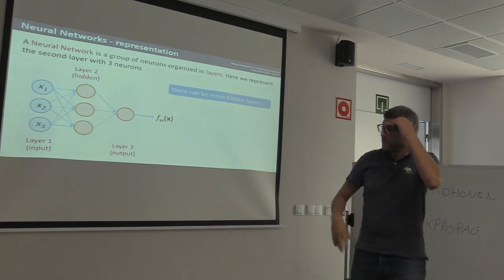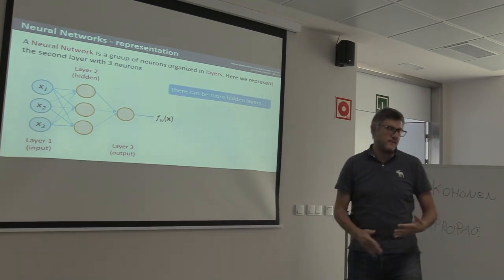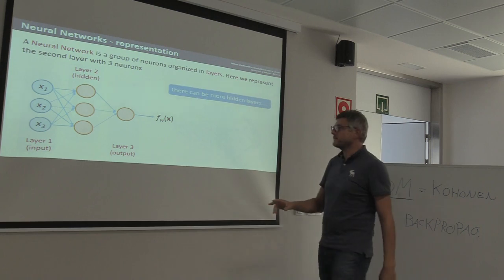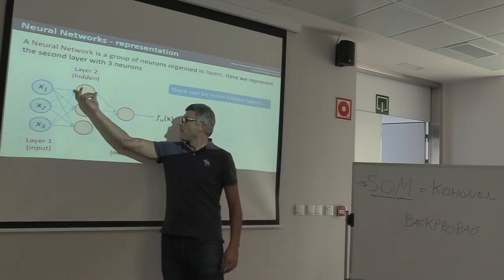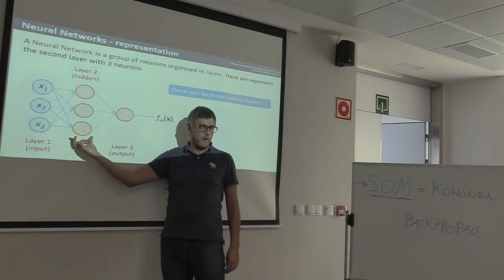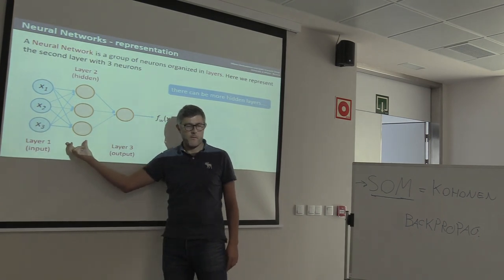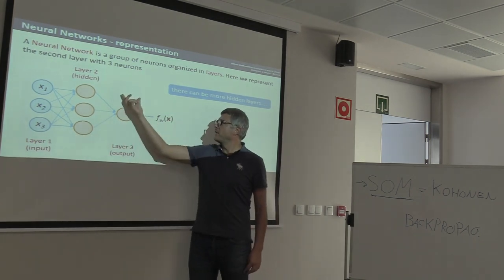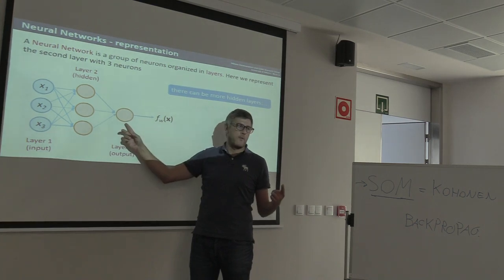So for example, in this very simple example, we have 3 neurons in this layer, and then here we have another layer with just 1 neuron.